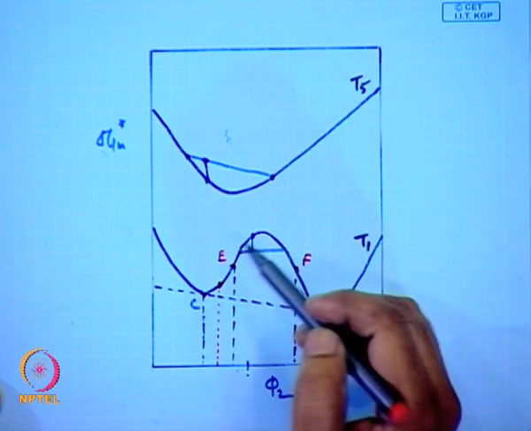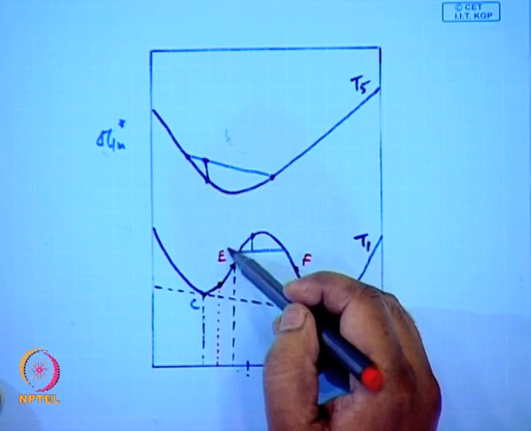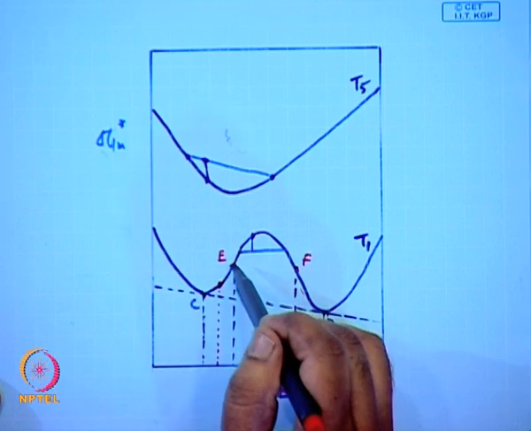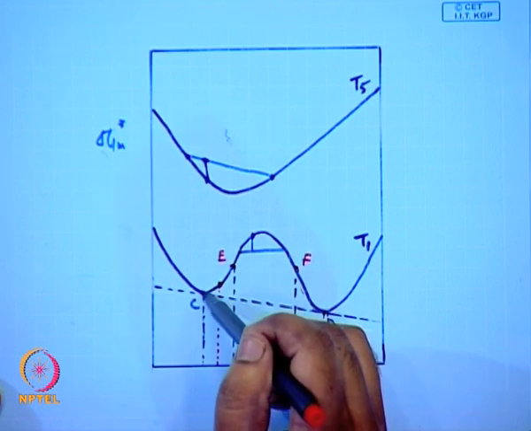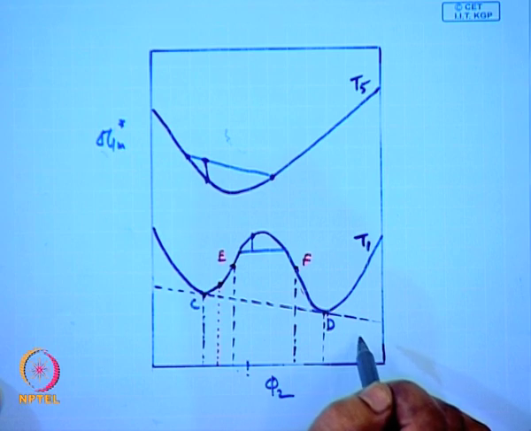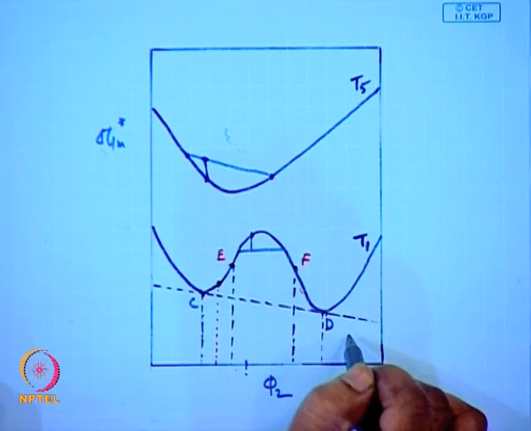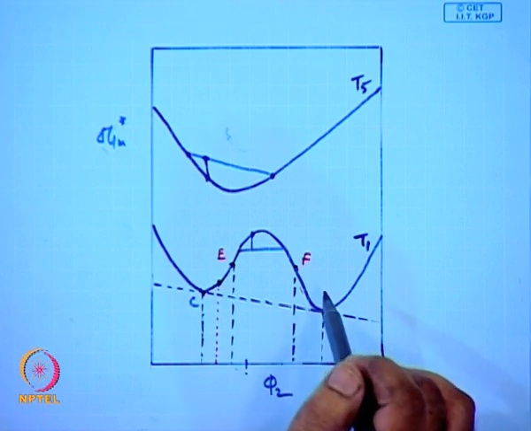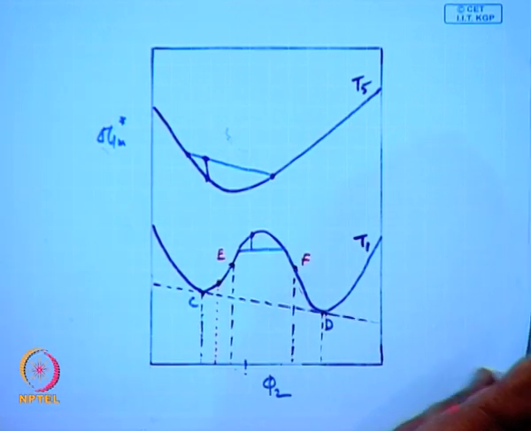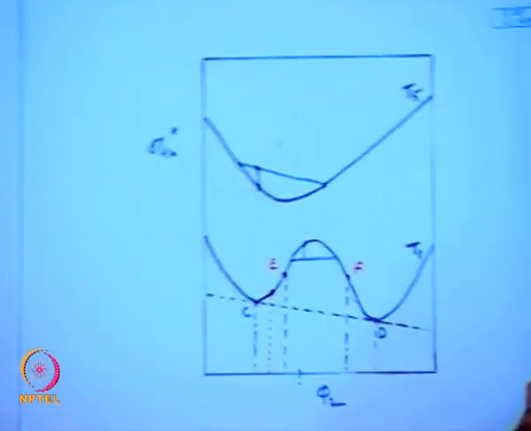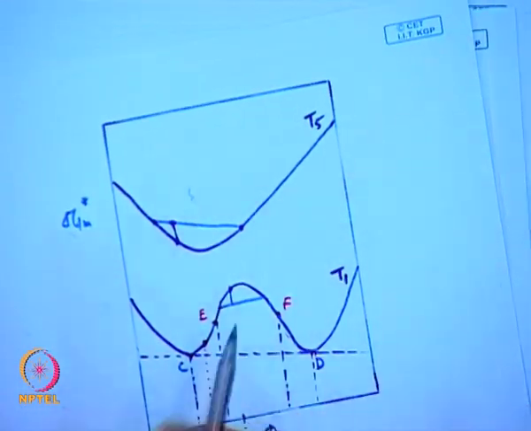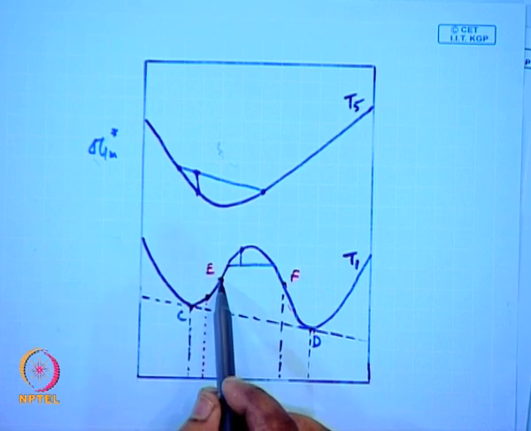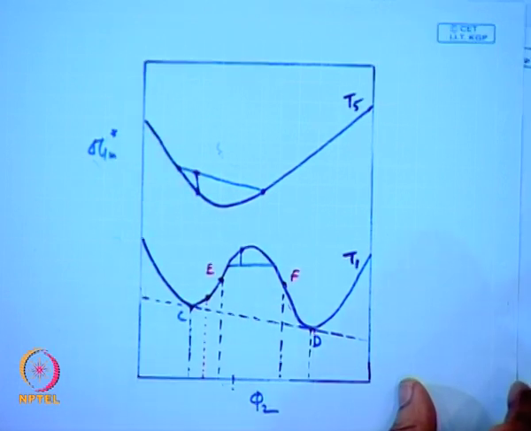And then join these points to get a bell shaped curve, which I will come to in a minute. Now, let us talk a little more about these 2 points and these 2 points, C, D and E, F.